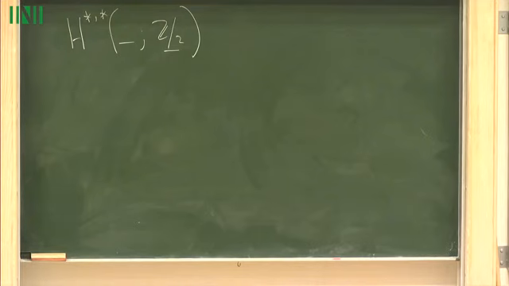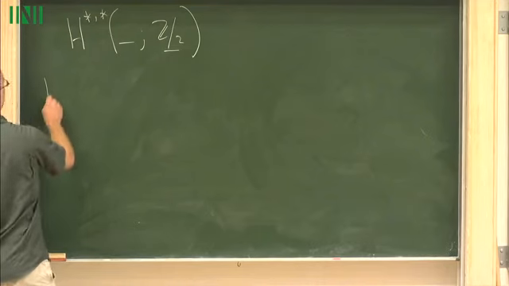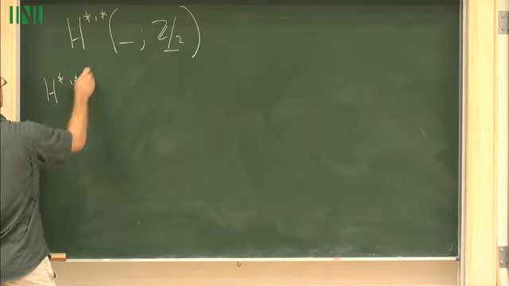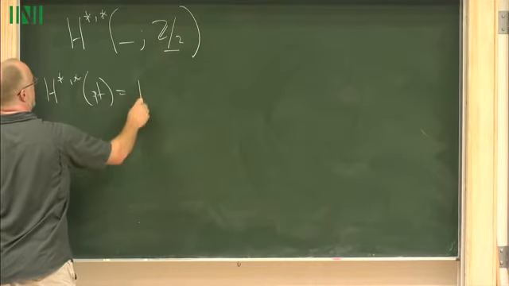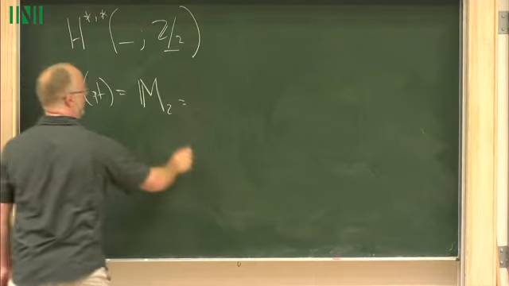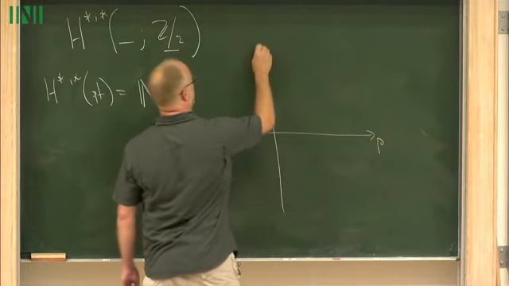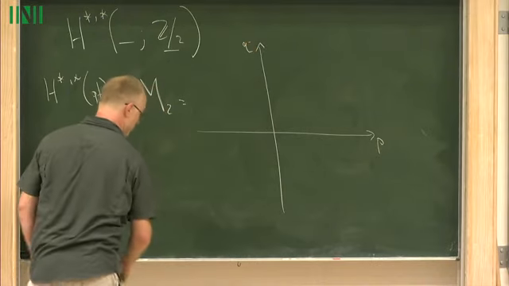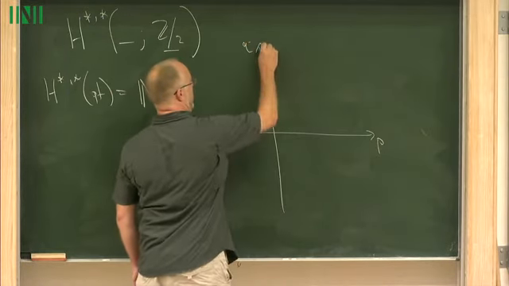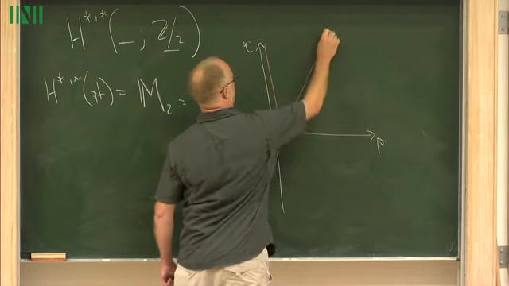So the constant Z2 Mackey functor. So my cohomology of a point is usually called M2. And it's this ring. So there's P and there's Q. And it looks like this.